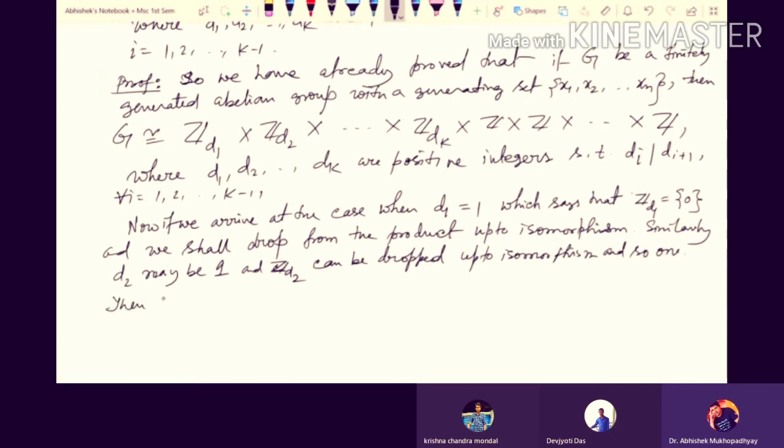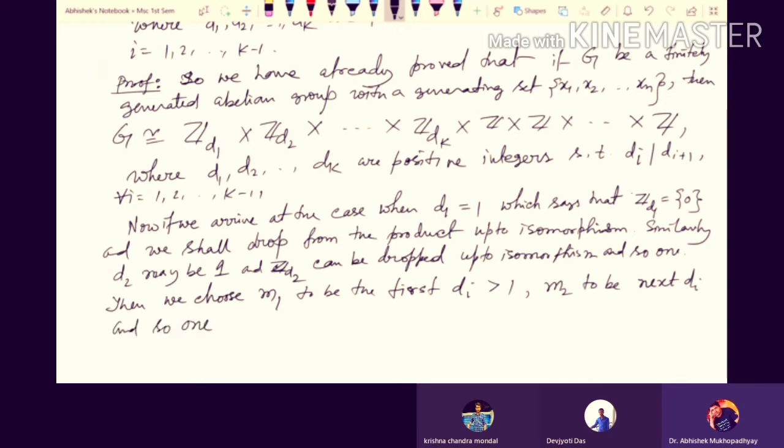So then we choose M1 to be the first di which is greater than 1, and M2 to be the next di, and so on.